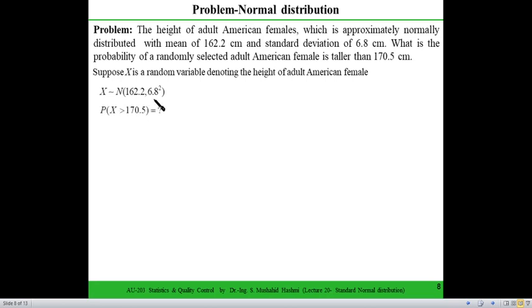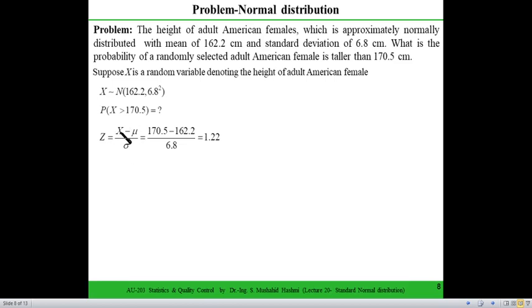We have to calculate the probability that the random variable is greater than 170.5 centimeters height. Since we are using a manual table to calculate probability instead of software, we have to convert this variable x into a standard normal variable z, and the formula for calculating z is x minus mu over sigma.